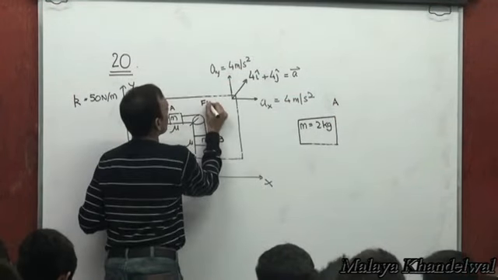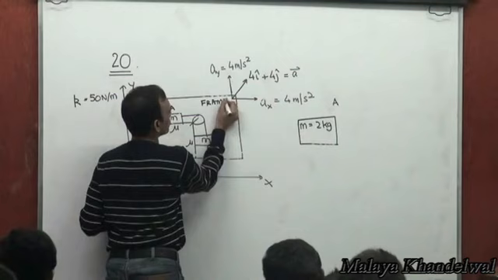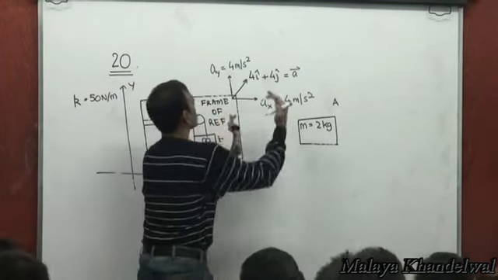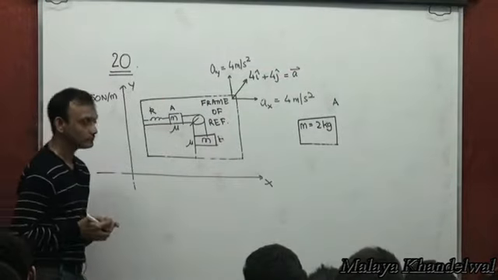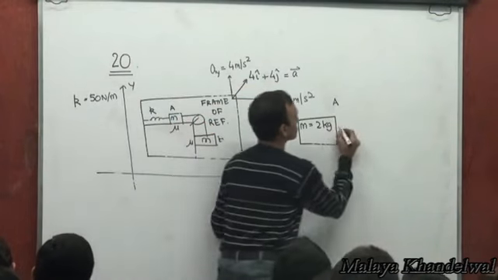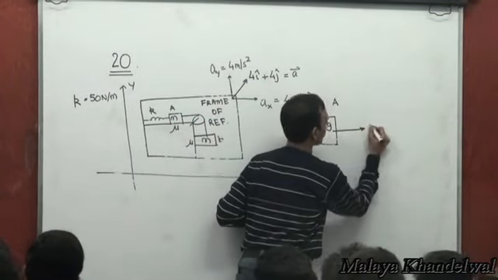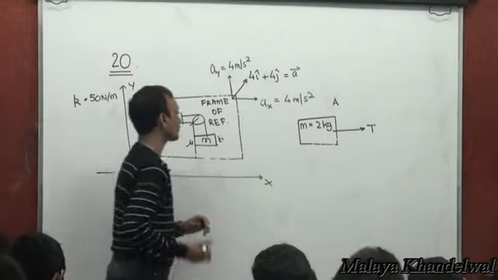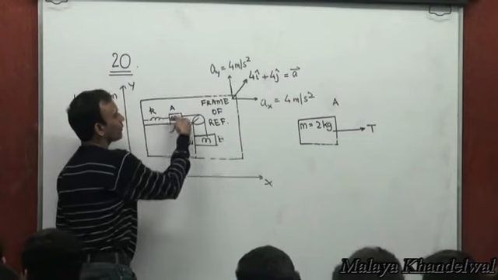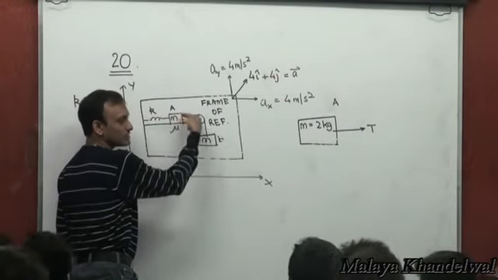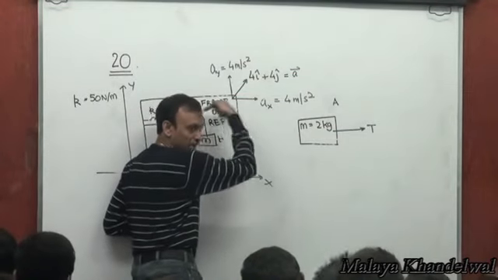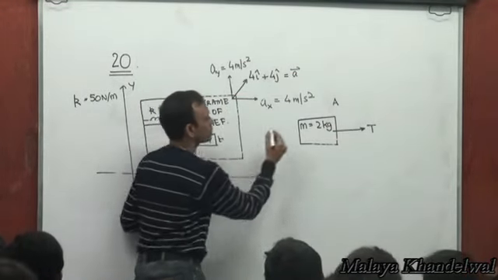This is our frame of reference. In this frame of reference, there would be a tension T. Now, there would be a pseudo force m a_x like this. That means 2 into 4, 8 newtons of pseudo force acting leftward, right?